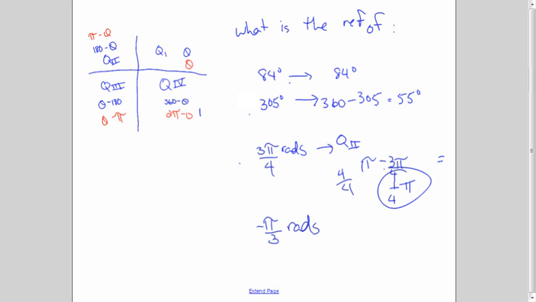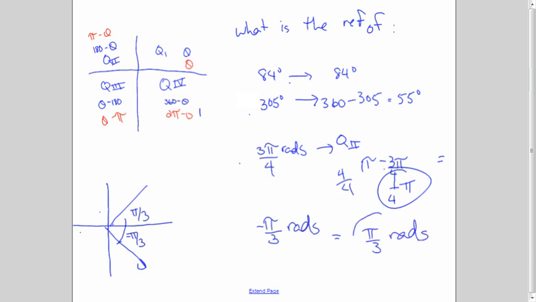Well, you can't really do the formula there because it's negative. But from a sketch standpoint, if we had this being our negative pi thirds, its reference angle would be pi thirds because the distance between its terminal side and the x-axis is pi thirds. So we would get pi thirds radians for the reference.